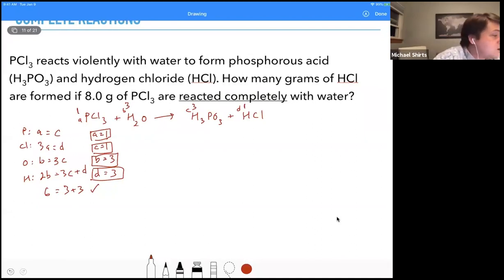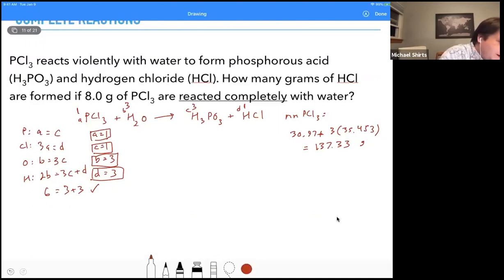Fantastic. So what do we need to know now? Well, we want to figure out how many moles of PCl3 there are. So let's find the molar mass first. The molar mass of PCl3, looking at our periodic table, is 30.97 plus 3 times 35.453, and that gives a molar mass of 137.33 grams of PCl3 per mole.